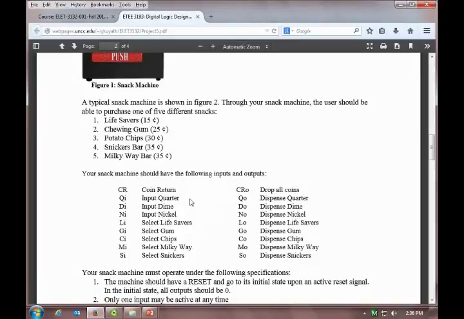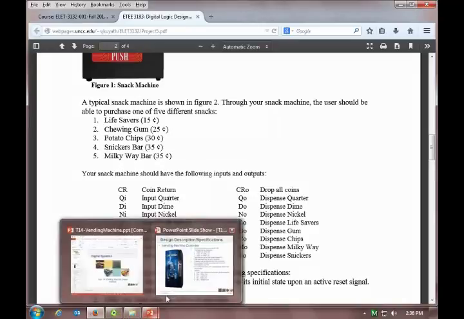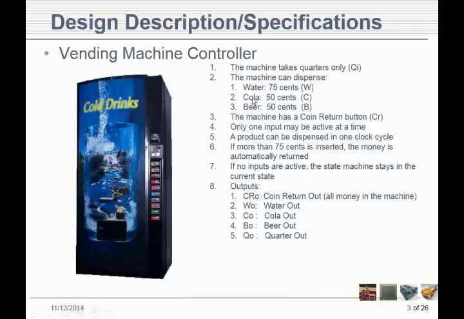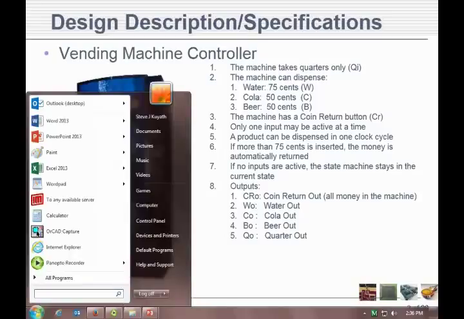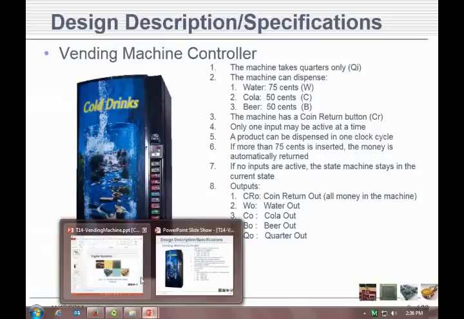So we have an input of a quarter, input of a dime, or input of a nickel. This one is going to take quarters only. So there's a difference between this and your actual project. This one also, last year, they talked to me into, how did we do this?